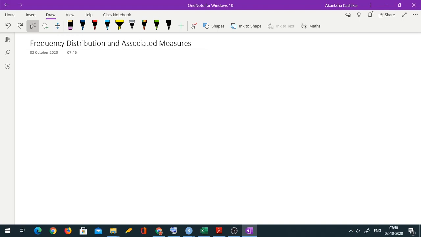Okay. So what is a frequency distribution? Given any data, so for example you have some observations recorded. Let's say we are recording the number of siblings each one of you has. Some people have 0 siblings, someone has 1, someone has 2, 3. So you first go on recording the data.